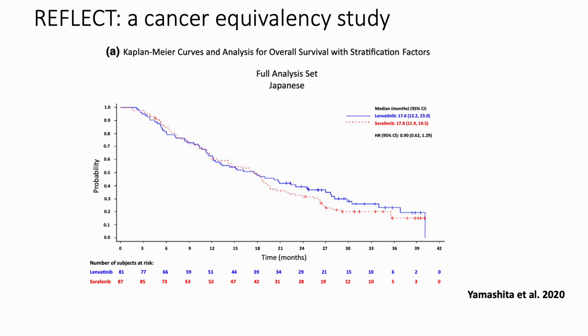So we can now, from this curve, understand that up to month 18, lenvatinib and sorafenib are both having the same survival rate. However, after 18 months, based on the study that we have, we will see that sorafenib is showing that it has a lower probability.